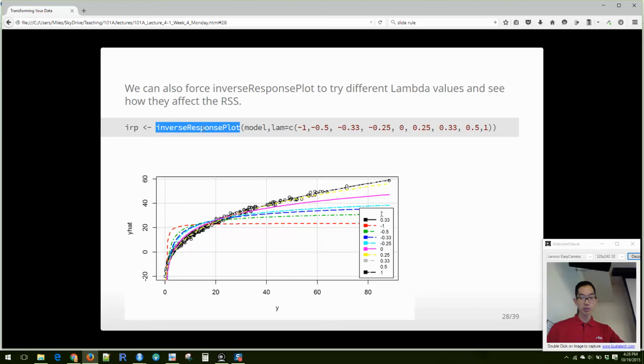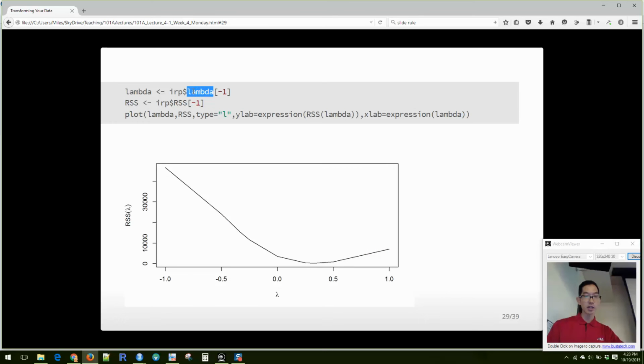So I'm storing the results of inverse response plot, which produces the plot as what's called a side effect, and the output is a list of lambdas and RSSs. The first one is the one that it found that minimizes it. So I'm getting rid of that one, and let's look at everything other than the very first one, and plot it against the RSS, and we see indeed it gets minimized somewhere around here, okay?